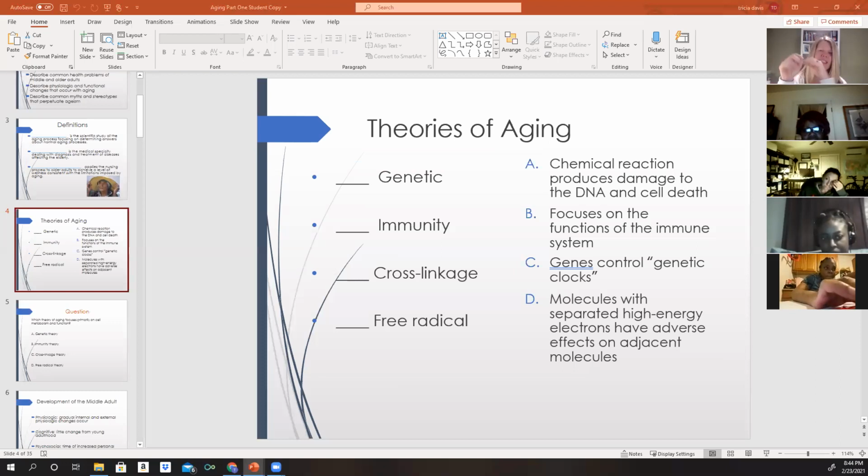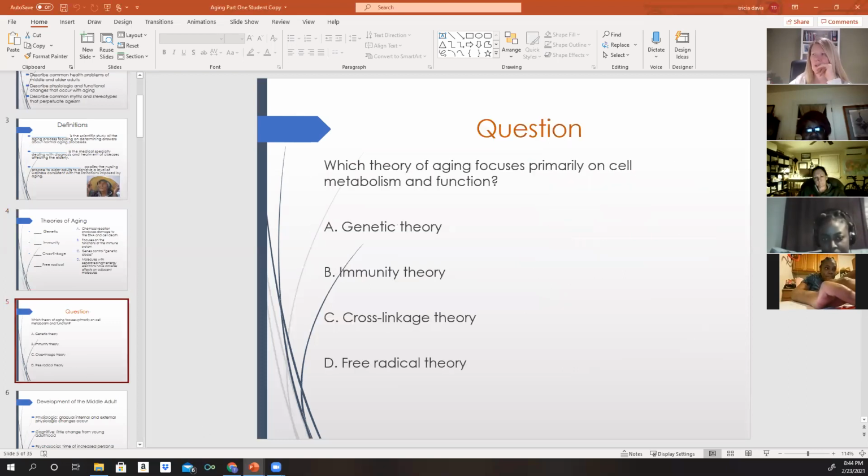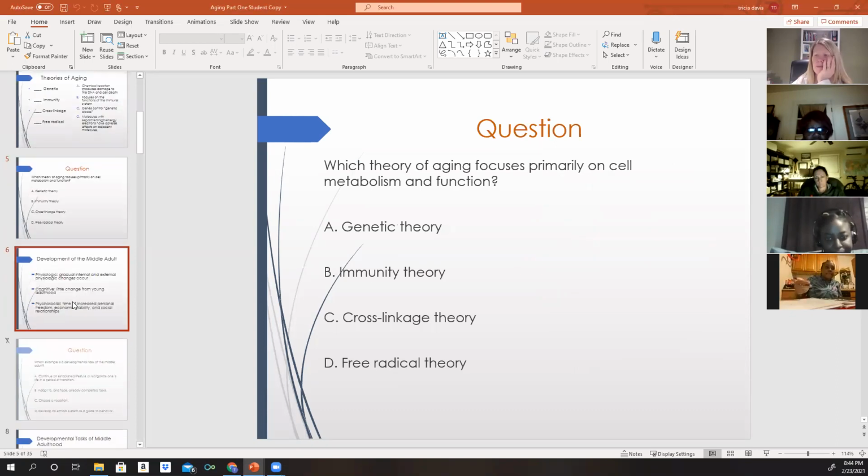A lot of people believe that this is how we age. So which theory of aging focuses primarily on metabolism and function? D, you got it. Very good, the free radical theory.